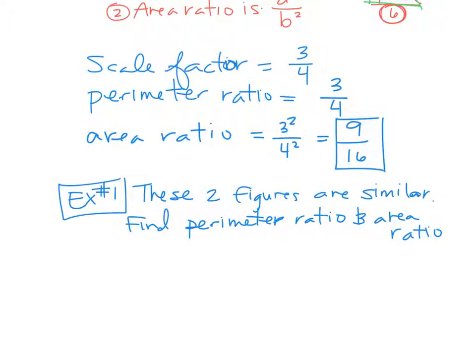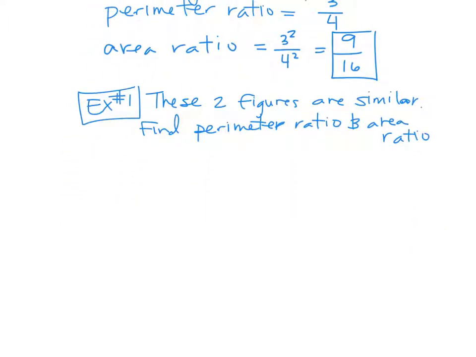All right, so we're going to have two trapezoids. Okay, and it says they're similar. So this is 6 meters. This is a length of 9 meters. And I want to know the ratio of their perimeters and the ratio of their areas.